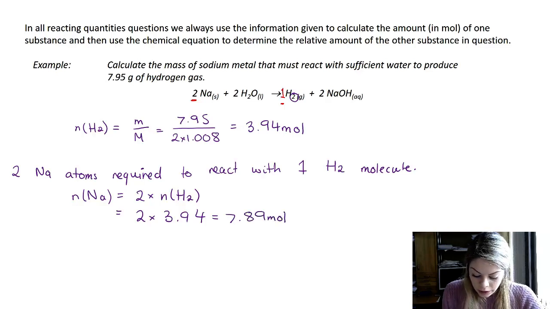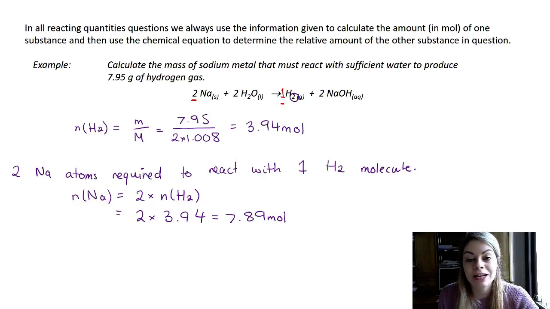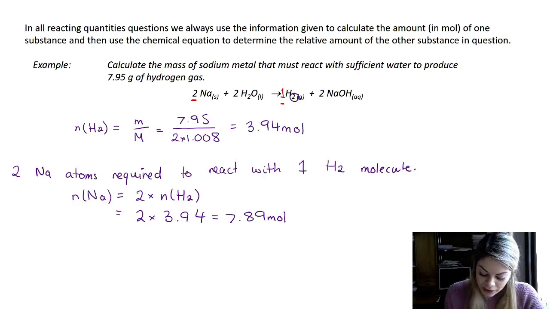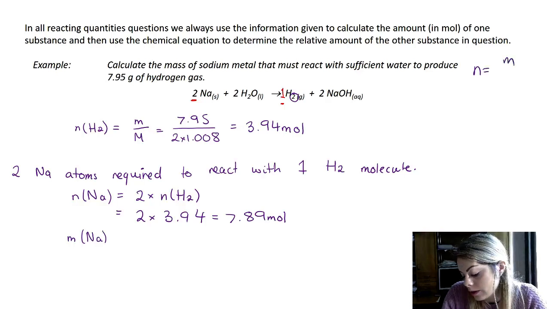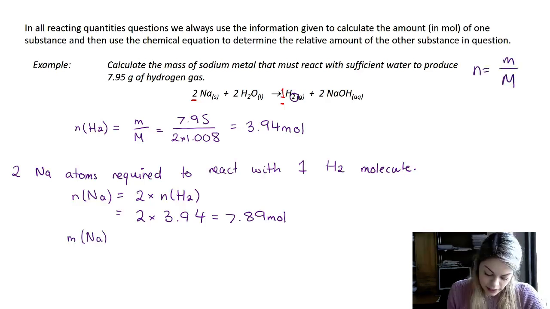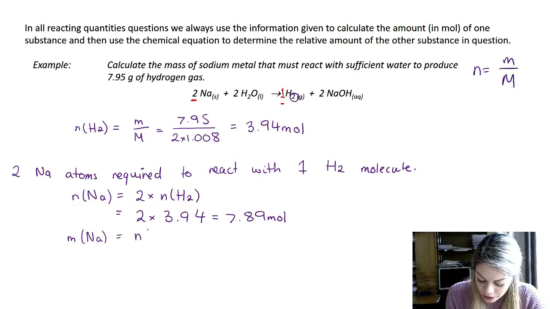Okay, now I know the number of moles, so how much sodium I need, but the question is calculate the mass of sodium. So the mass of sodium, if I just rearrange this formula, is the number of moles of sodium times by the molar mass.